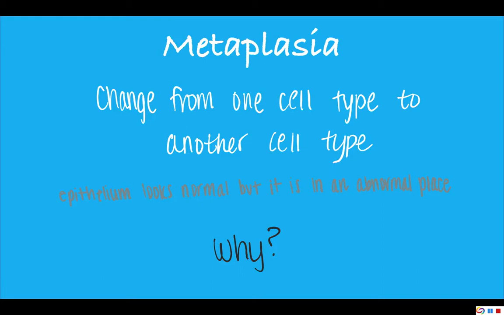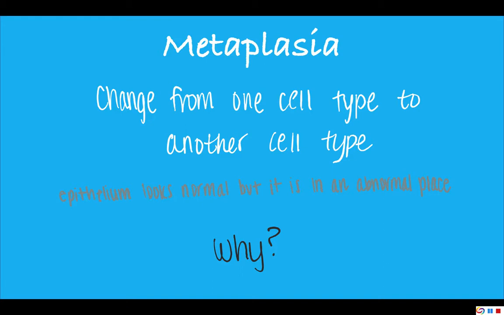And so this is a type of cell adaptation. So if those cells are being exposed to this smoke, they're going to adapt to that situation, and they're going to change from normal respiratory epithelium to a normal stratified squamous epithelium. So while the cells themselves are normal, they shouldn't be there, so they're in an abnormal place. So that's an example of metaplasia.